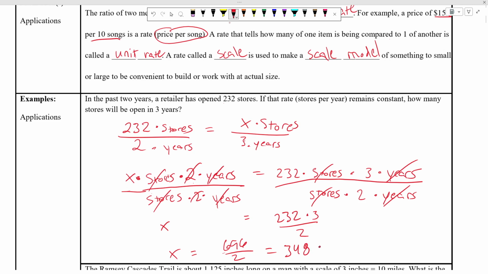So x happens to be 348. Well, that's what this has all led me to, right? This is now 348 stores.